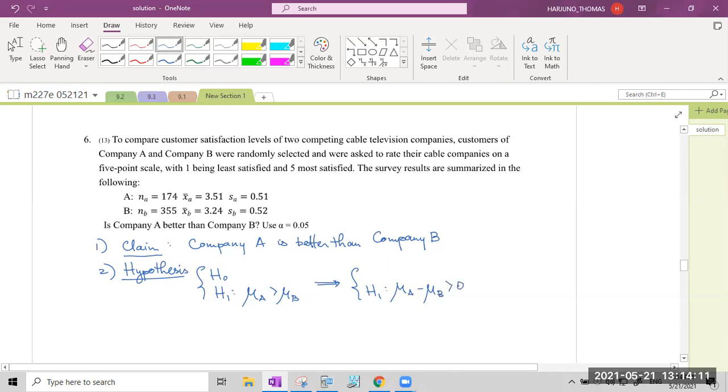We don't make it into mu difference, no. The null hypothesis is mu A less than or equal to mu B, mu A minus mu B less than or equal to 0. This is the claim, and that's a right tail.